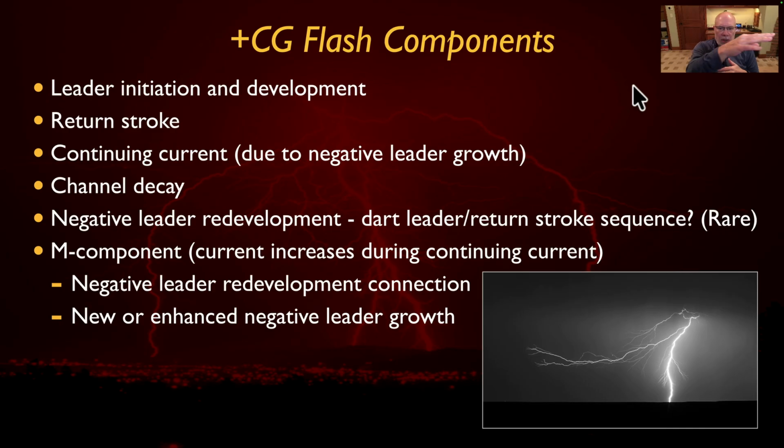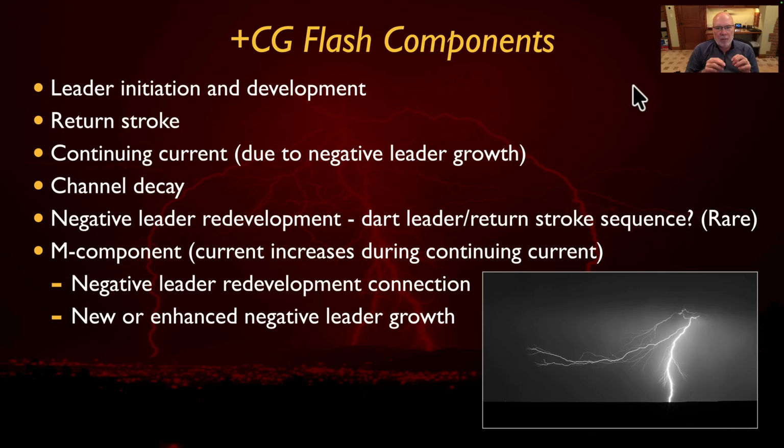And that's the negative end. It's now all a negative leader growing, and electrons are accelerating in the upward direction. And it could decay, and then you can get redevelopment on negative leader branches and pathways, which could lead to a dart leader return stroke sequence like a negative CG, but it's quite rare to see this. And we need to understand why that is, because negative leaders don't produce recoil leaders like positive leaders do.